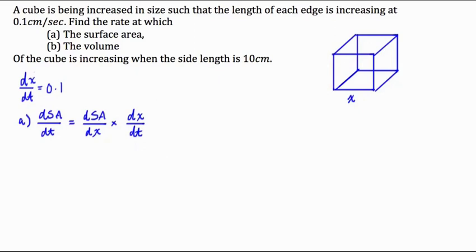So what we've got to do to make this equation work is find a function that relates surface area to the side length. Well, that's quite easy. So let's go about doing that first. So we can see that the surface area of this cube here is going to be equal to, there are 6 sides, so 6 times the area of each side, which is going to be x squared.